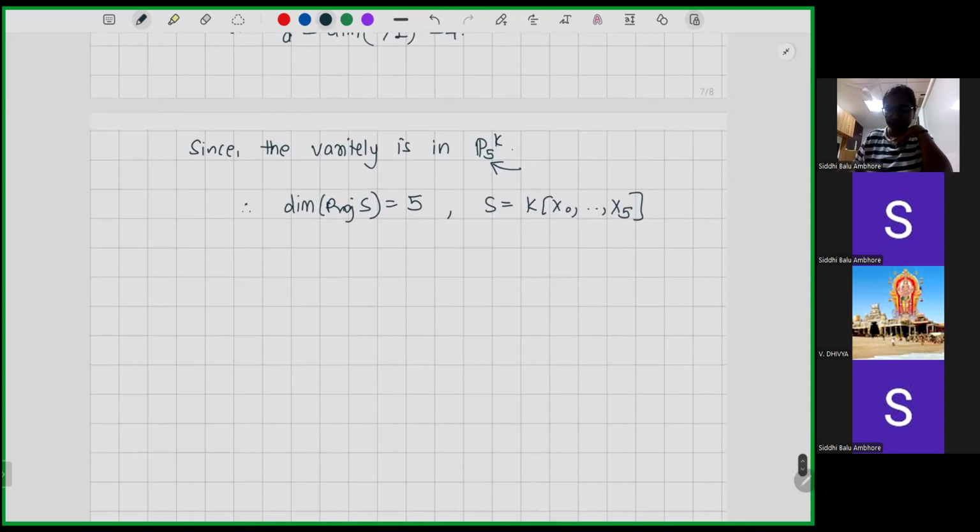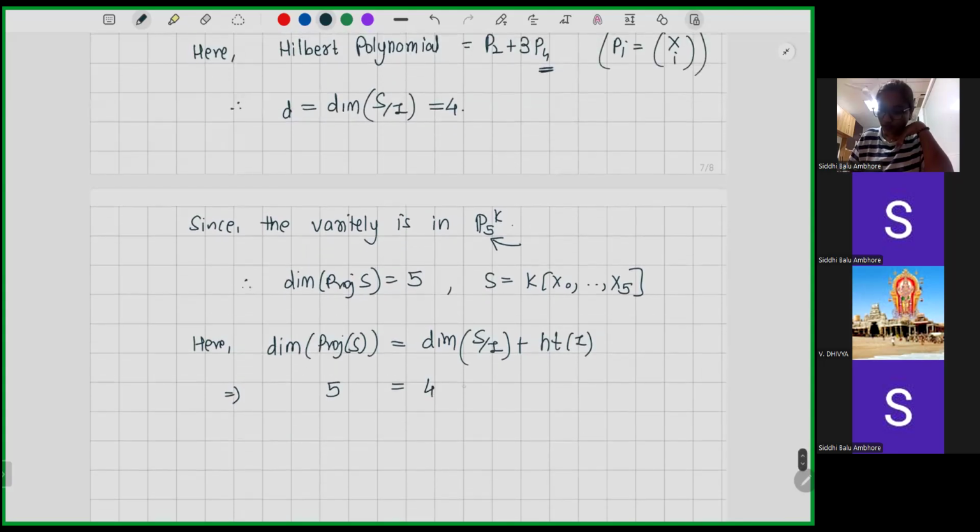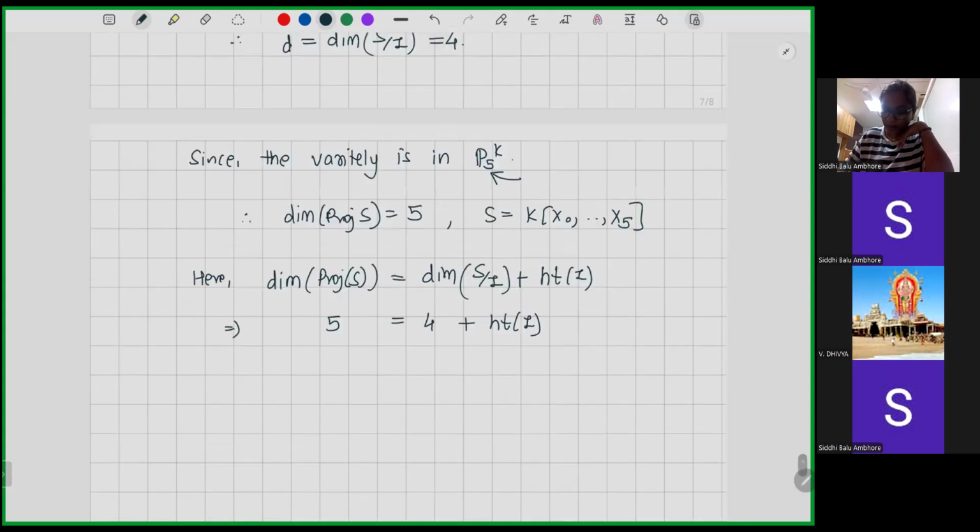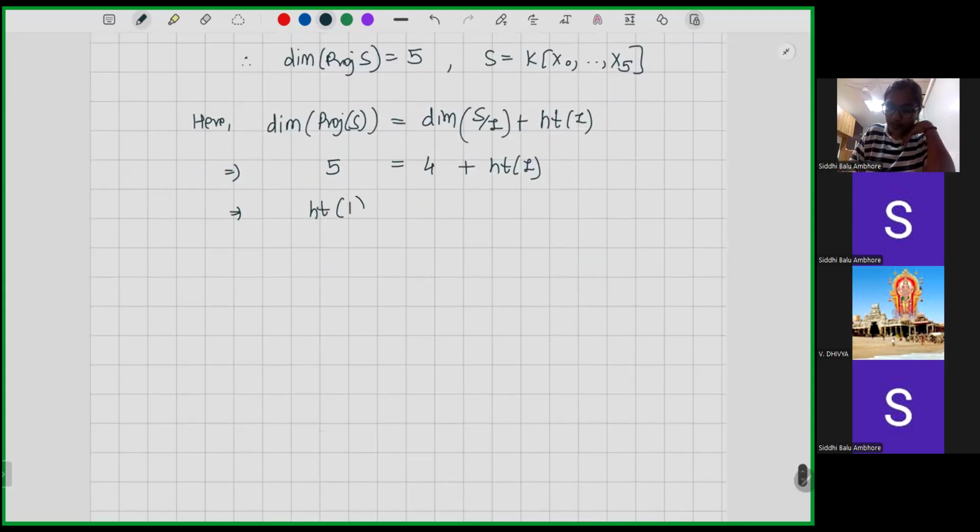And here, the dimension of Proj S is equal to the dimension of S/I plus the height of I. So this is 5, and the dimension of S/I was 4, plus the height of I. So this implies the height of I is 1.